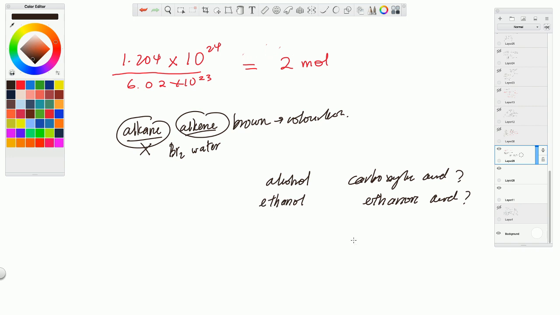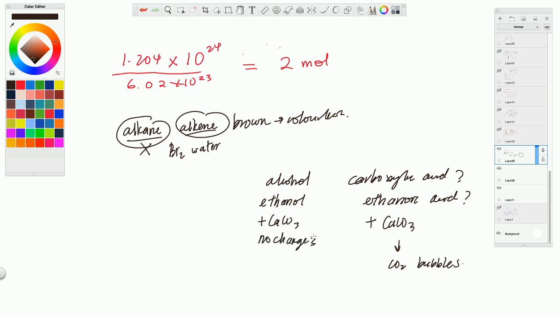Ethanoic acid will change to, let's say, yellow or orange. But you cannot do that because sometimes the question says without using an indicator. So in that case, you have to do what I showed you just now. You add a carbonate. You add calcium carbonate. This one will have carbon dioxide, so it will show bubbles, carbon dioxide bubbles that will turn lime water cloudy. And this one, you add calcium carbonate, no changes.